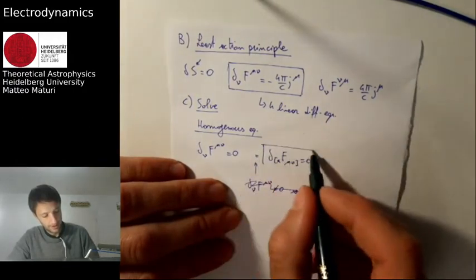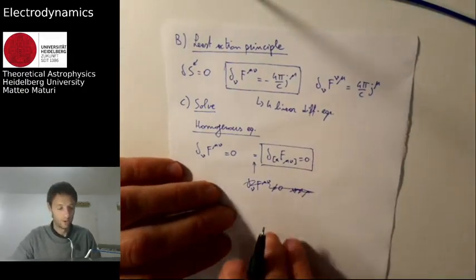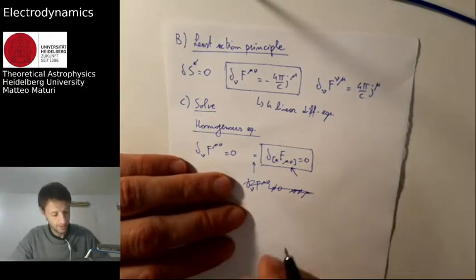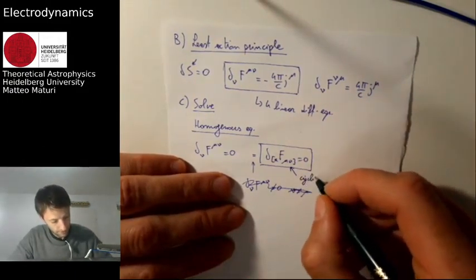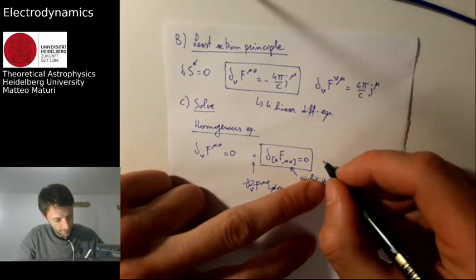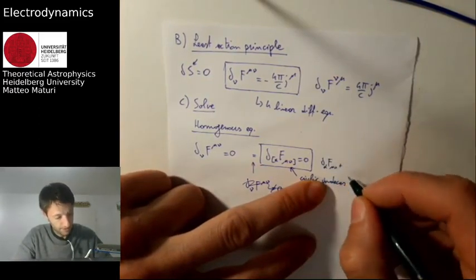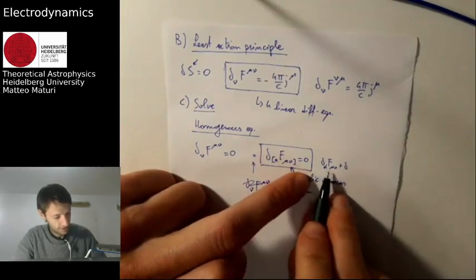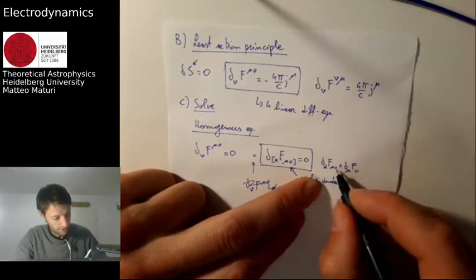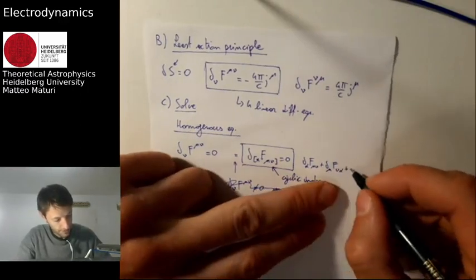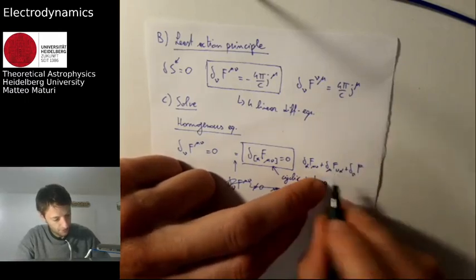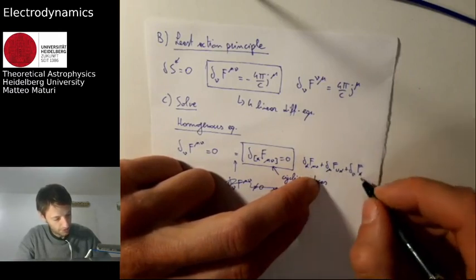This is identically satisfied because of the antisymmetry of F, where this notation stands for cyclic indices, which basically means that I have ∂_α F_{μν} plus ∂_μ F_{να} plus ∂_ν F_{αμ}, rotating the indices cyclically, equal to 0.